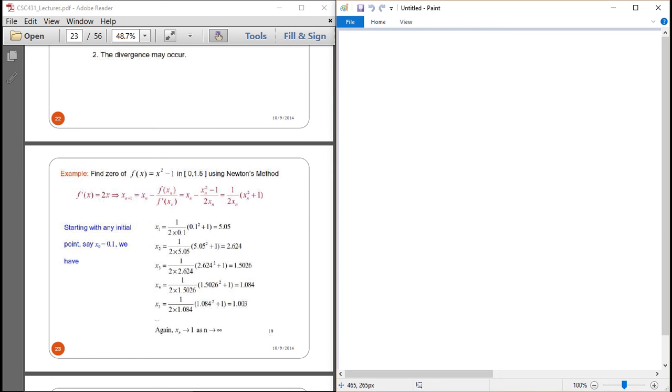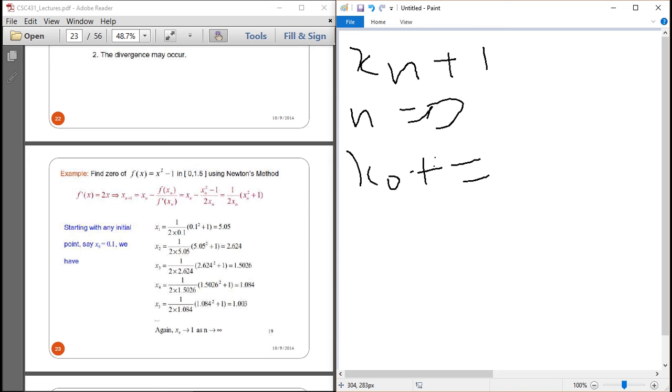Let's perform our iterations using our formula, 1 over 2xn times xn squared plus 1. Now we need a value for xn plus 1, where n equals 0, right? So we have x naught plus 1, which is x1. So x1 will be equal to 1 over 2 x naught.